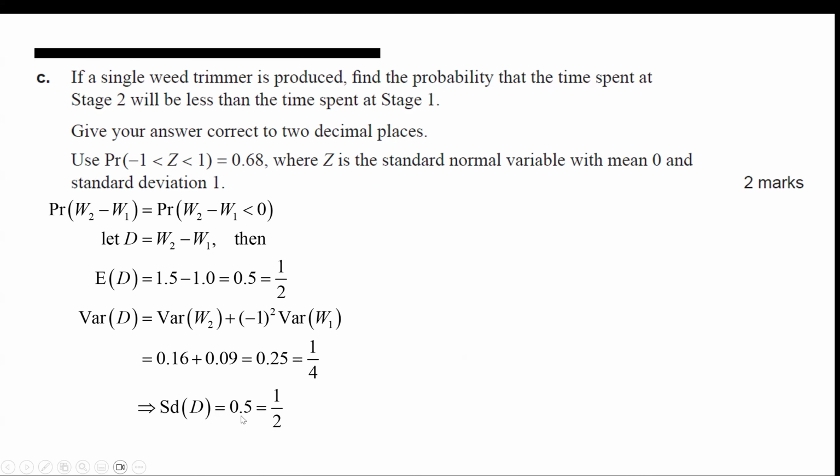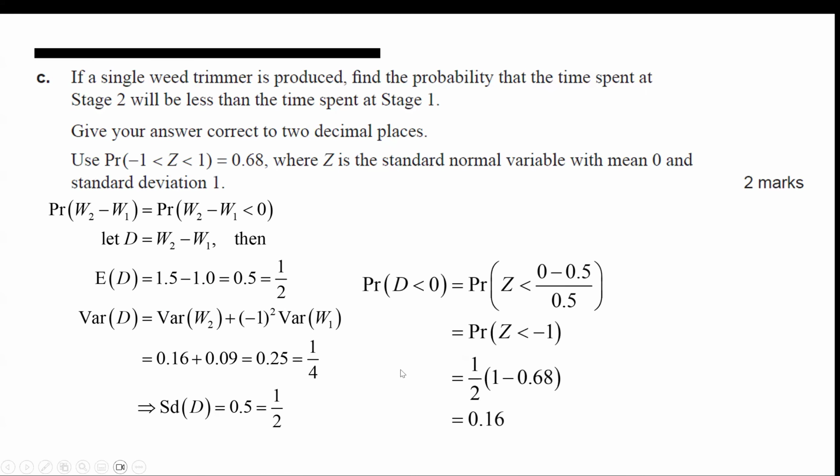Then you are treating W2 minus W1 as one variable, so you are calculating D less than 0. And this is converting to Z less than 0 take the mean value, 0.5, divided by sigma. And eventually you are just finding an equivalent standard normal expression, probability Z less than -1, which is half of 0.32.